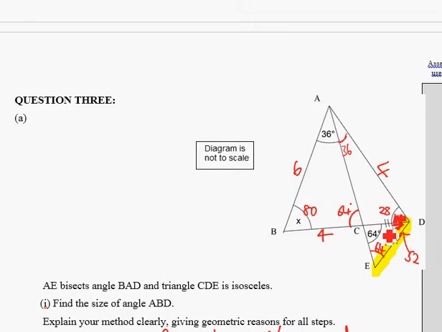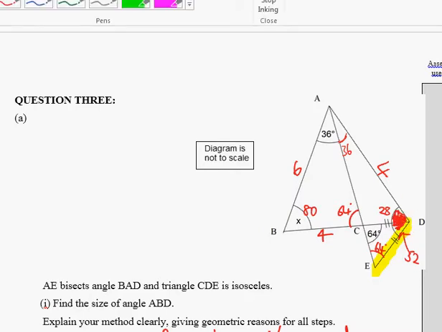Now to find lengths, if you don't have right angled triangles to be able to use Pythagoras and SOHCAHTOA, then you need to be considering similar triangles. So we need two triangles in there with the same angles in them. So I can see there's this one with a 36, 64 and an 80. And inside here we have 36, 64, and the one we've just found in here, of course, was the 80.